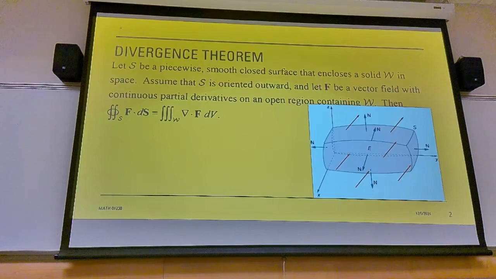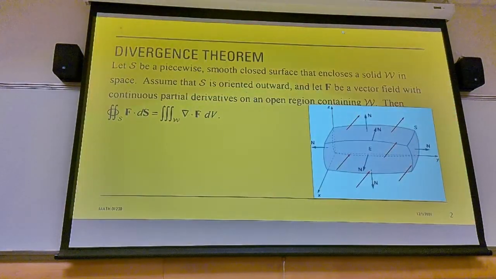A box is a closed surface. A box without the lid is open. This is the best theorem. There's no more of that garbage flux calculations, as long as it's closed.